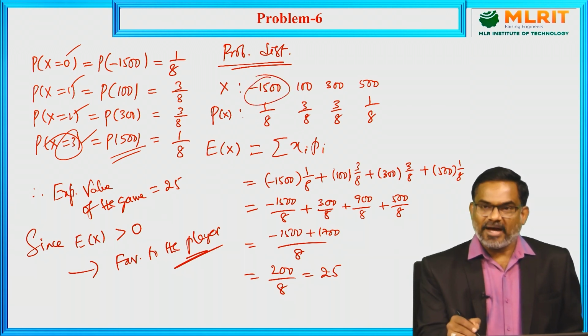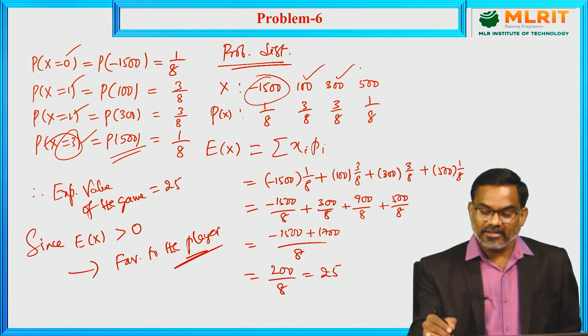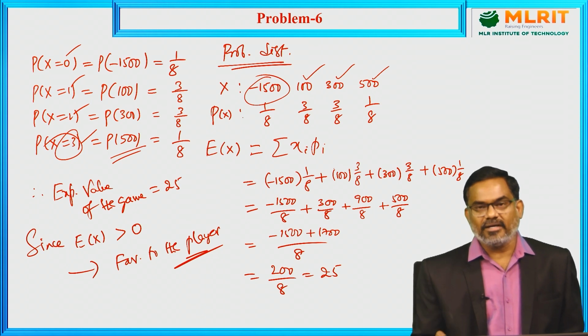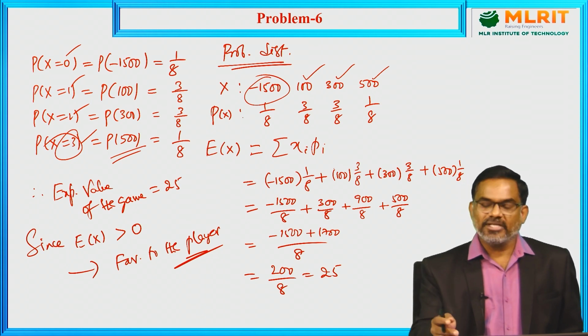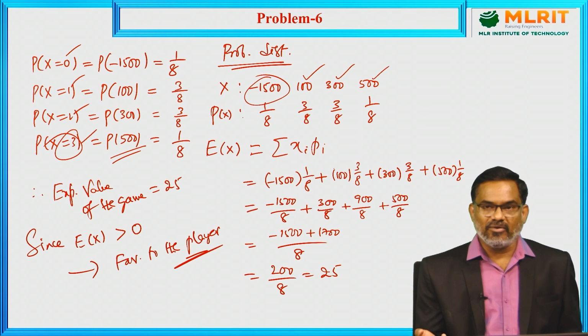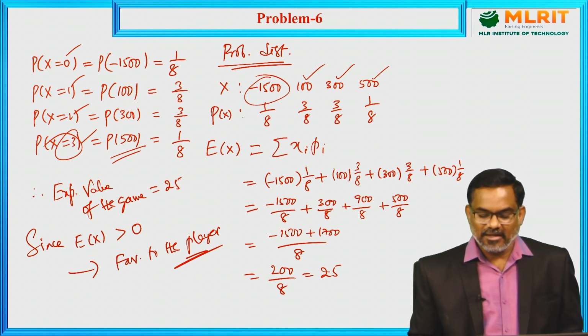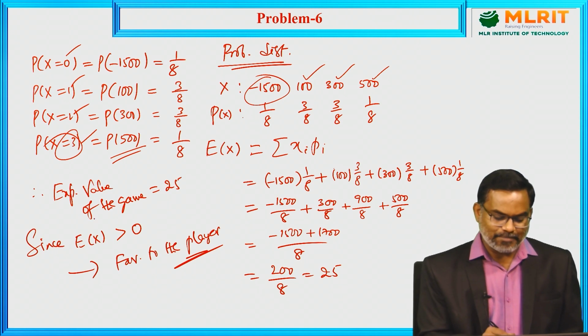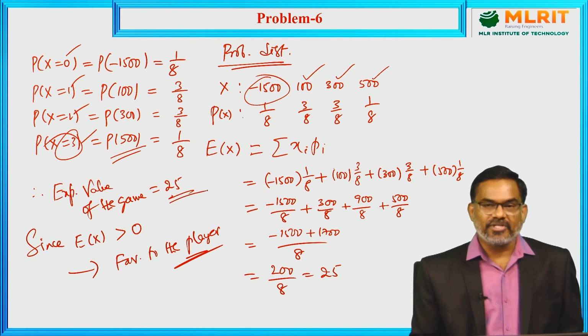Here minus 1500 he has to pay, and he will get 100, 300, 500 if 1 head, 2 heads and 3 heads occur. If these amounts are different, we may get a different value also. That depends on the amount given in the problem. Finally, since the expected value is 25, which is positive, the game is favorable to the player.